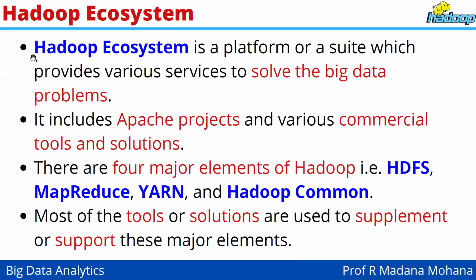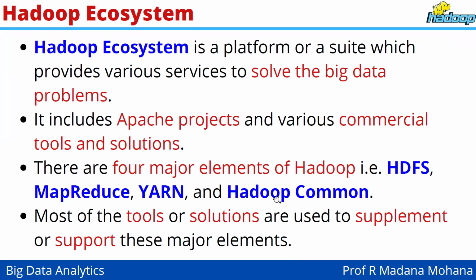Hadoop ecosystem is a platform or a suite which provides various services to solve the big data problems, which includes Apache projects and various commercial tools and solutions also. There are majorly four elements of Hadoop that we already covered in previous videos, that is HDFS, MapReduce, and YARN.